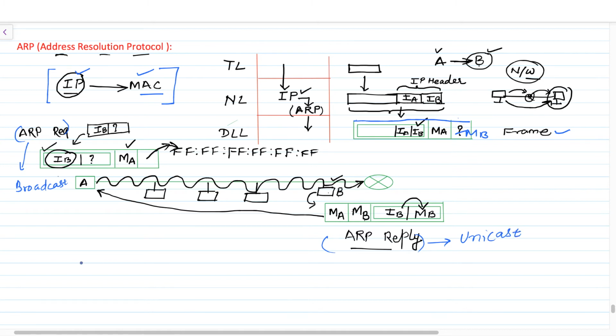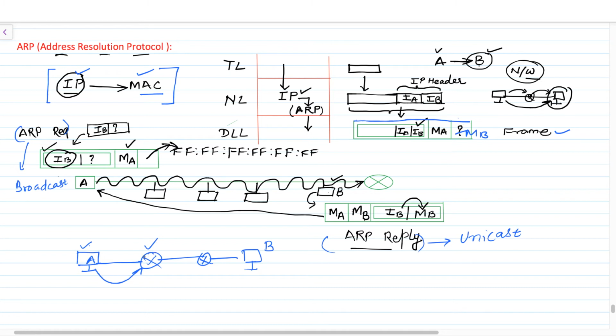And ARP is used when we have a host or source A and we have some destination B. ARP will be used by a host to know the MAC address of a router. Why does this host want to know the MAC address of this router?